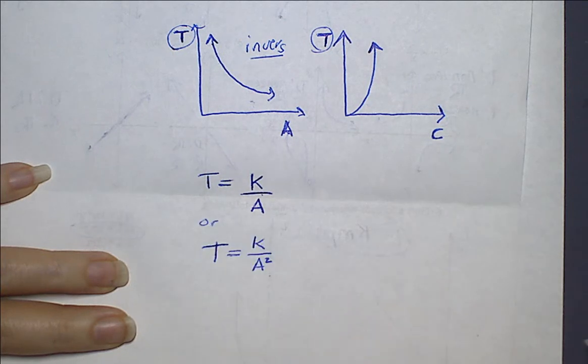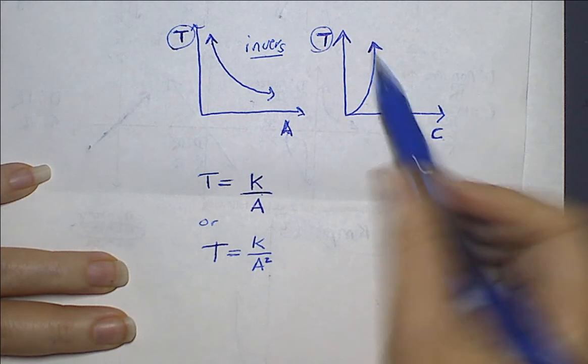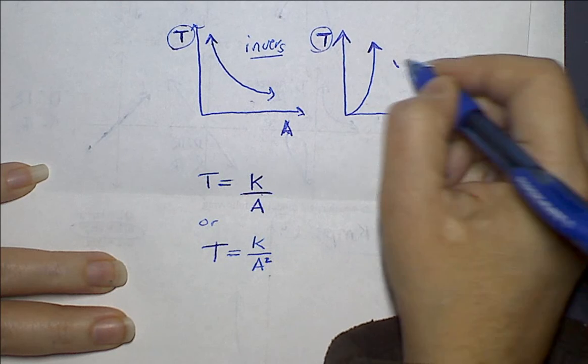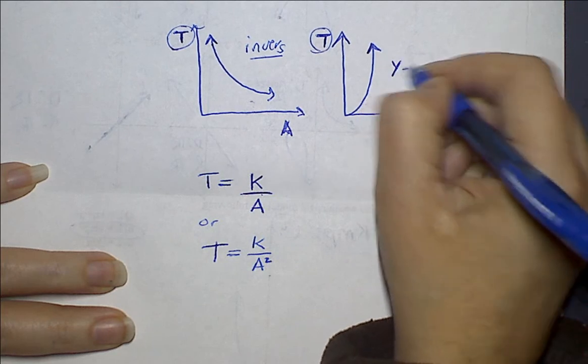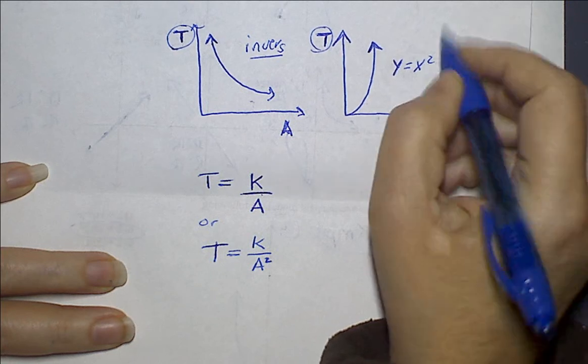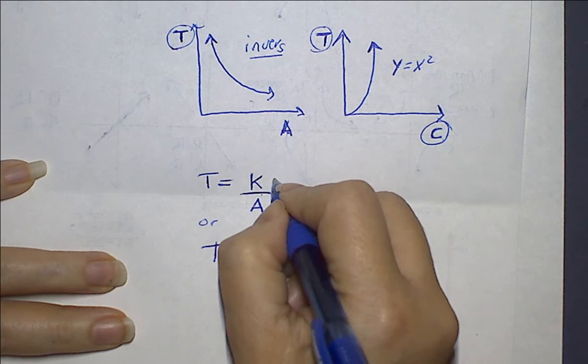Now it says C, and here we have a parabola, and we know that a normal parabola is y equals x squared, so that means C is going to be squared, and we know it's direct, so it's going to be on the top. So we're going to add C squared to our equation.